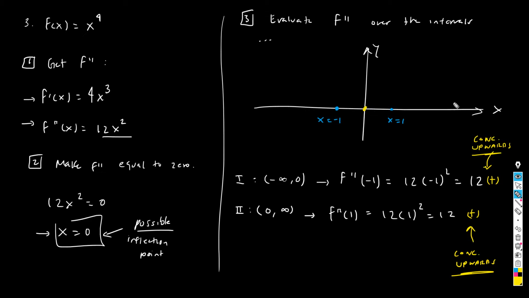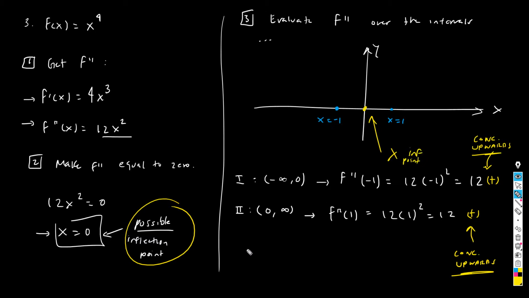To the right of this point is also concave upwards. And remember that the concept behind an inflection point is that your function should change concavity. If that's not the case, we cannot say that this is an inflection point.